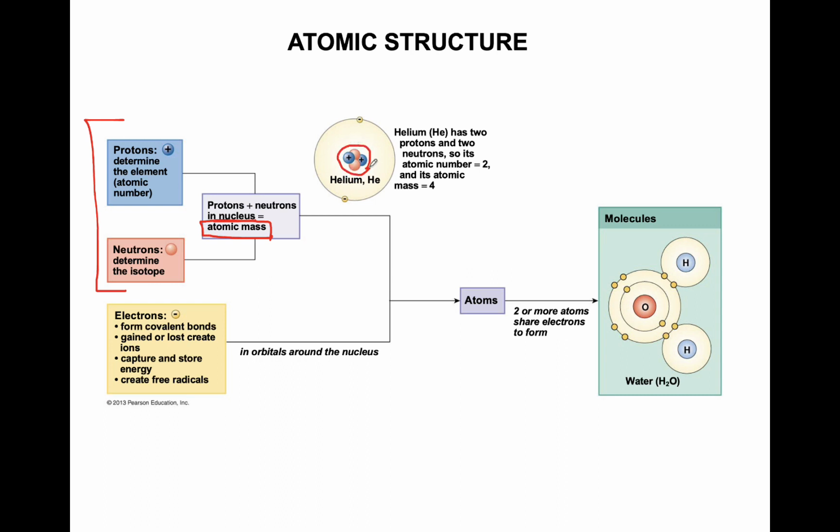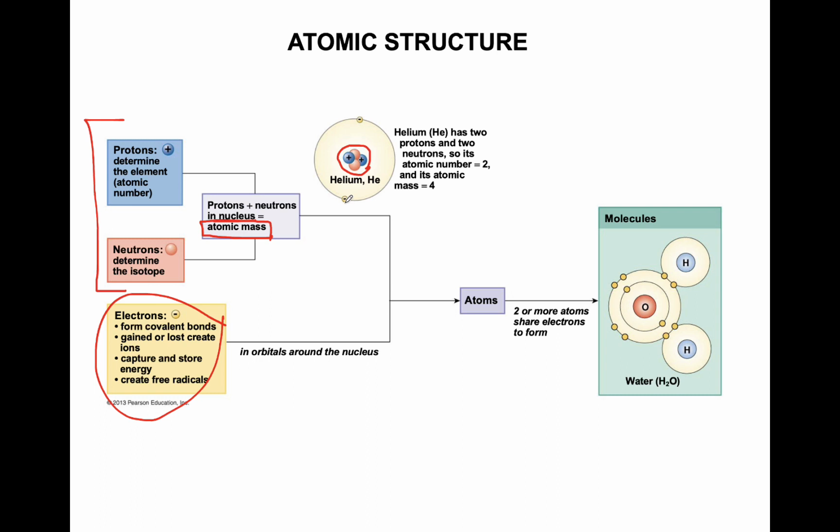Why is that? What about the electrons? Well, electrons are super fun. They zip around the outside of the nucleus, and you can have several of them, but they're so tiny and they're moving so fast that we consider their masses negligible.